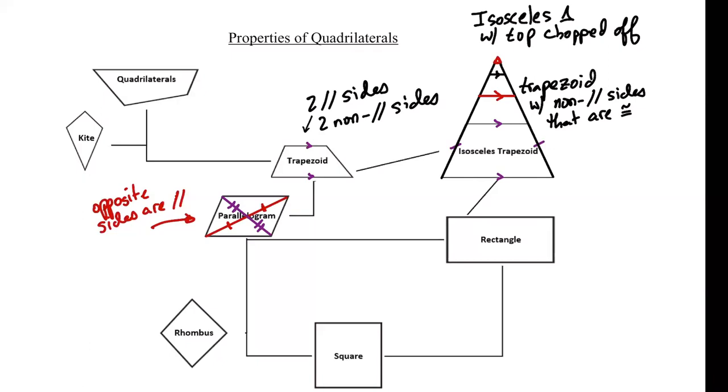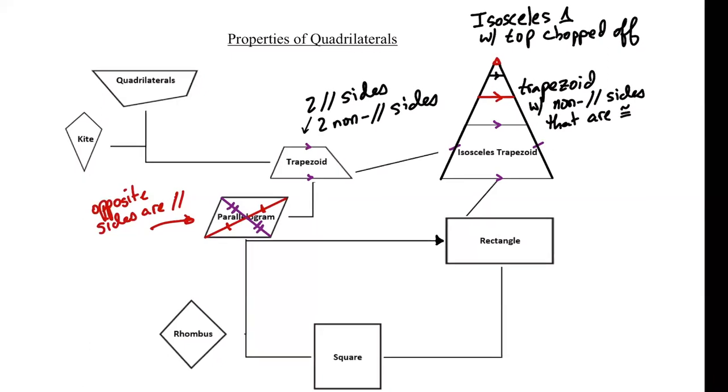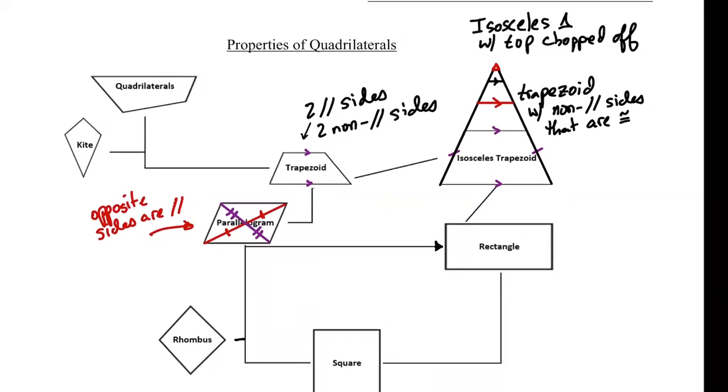It's all in the table below, so I'll get into that in a minute. You get two different pathways that emerge from the parallelogram. You get the rectangle, you get the rhombus. There should be a little arrow here, a little breaking off point. So a rhombus is a parallelogram with all sides congruent.